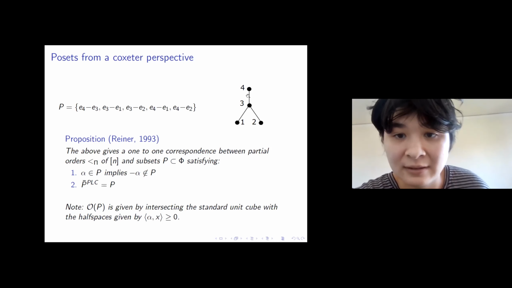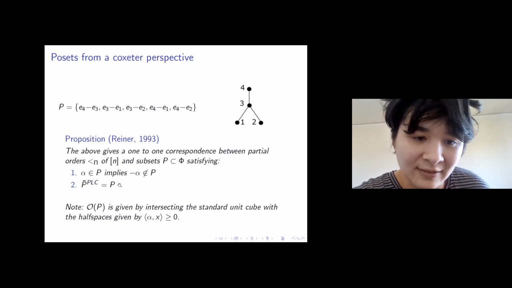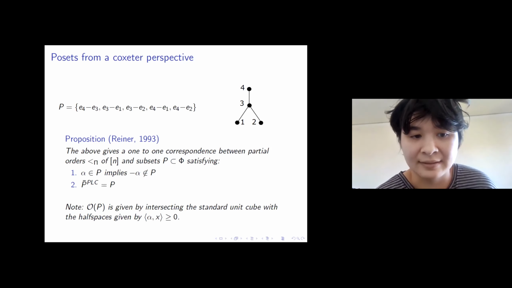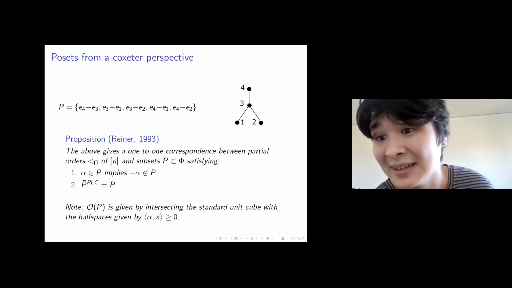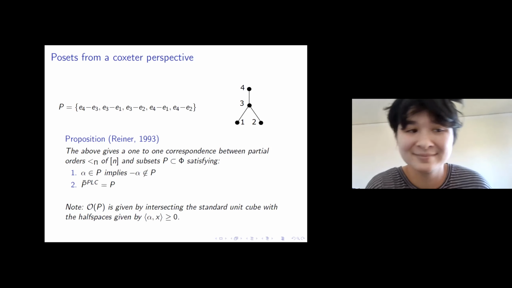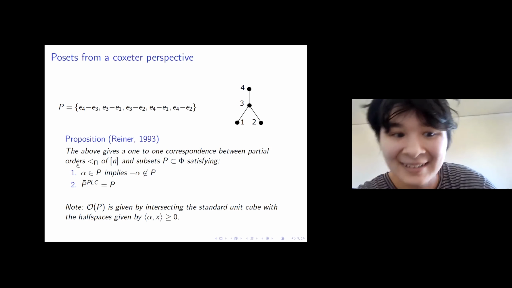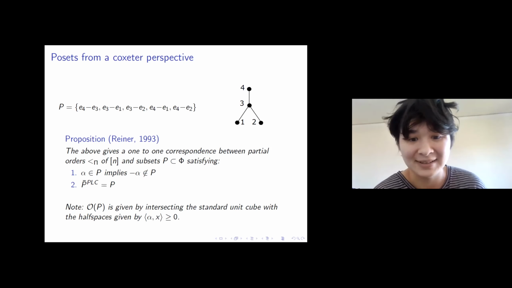And 4 is above 2, so we put e4 minus e2. So we can see that this positive linear closure property corresponds to the transitive property of posets. So that's how you can view any poset as a subset of the type A root system that satisfies special properties.